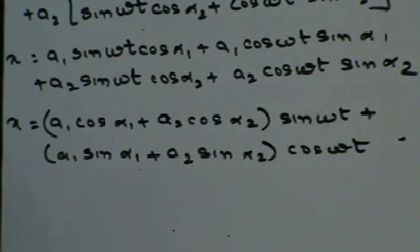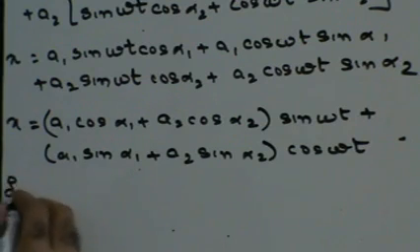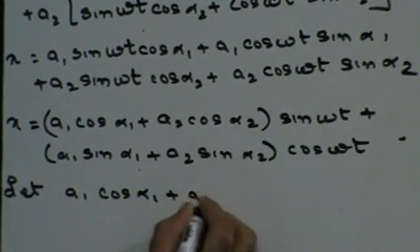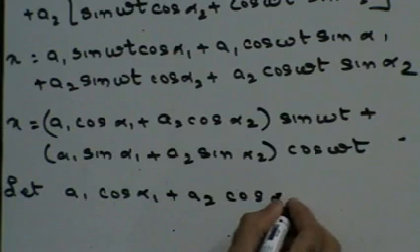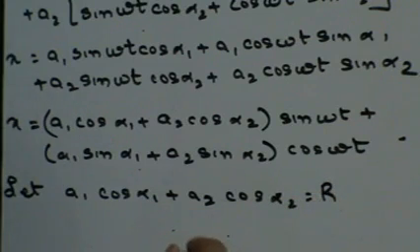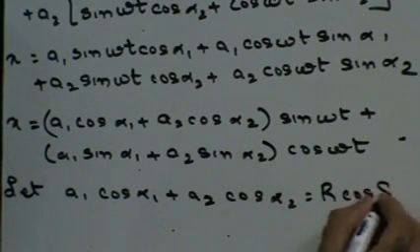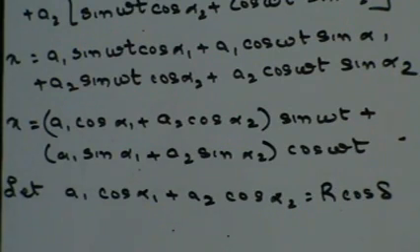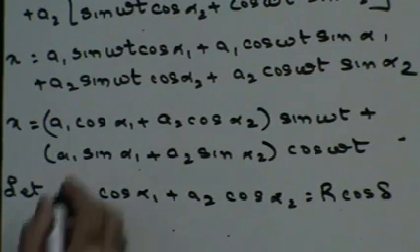Now let us assume that A1 cos alpha 1 plus A2 cos alpha 2 is R cos delta.